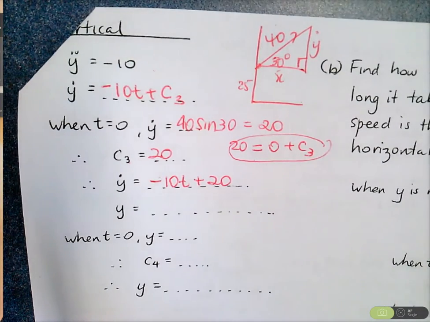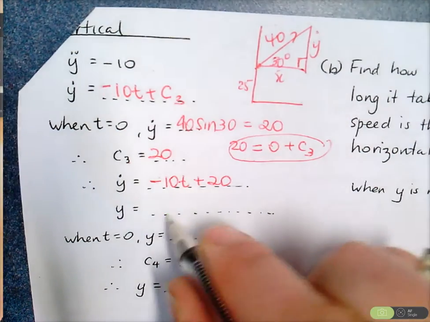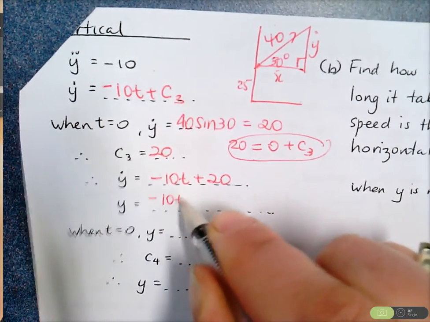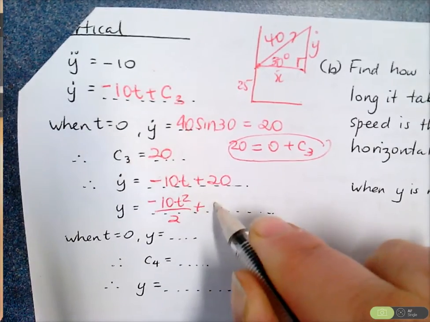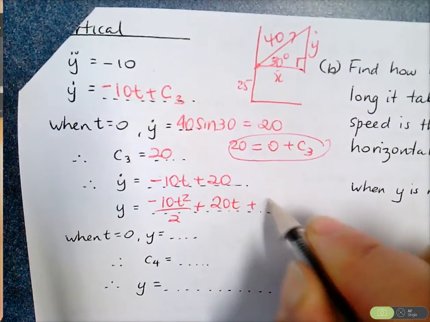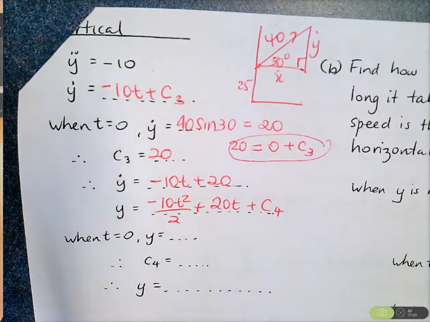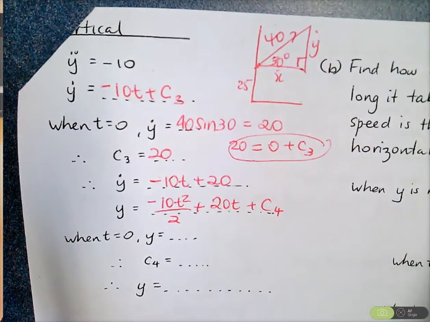So girls, I don't want to take where it left as the origin. What's y anyway? Negative 10t squared on 2 plus 20t plus c4. Now girls, I know they're saying take where it leaves as the origin, but I don't want to. When t is 0, what's the y value? 25.